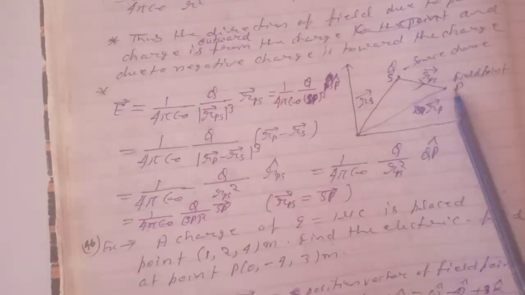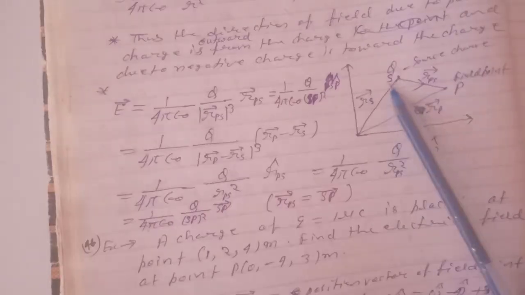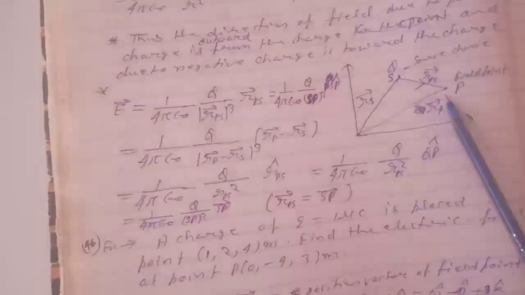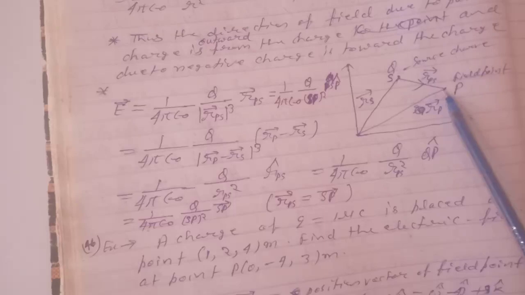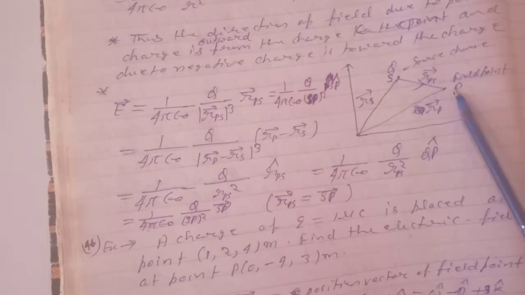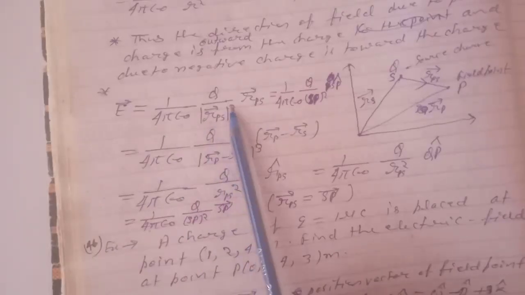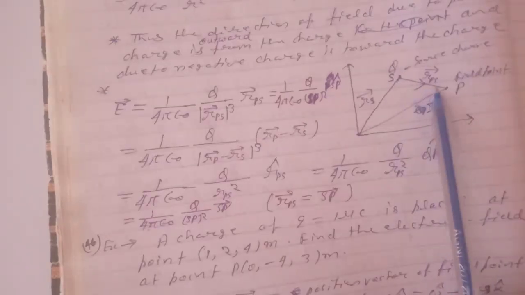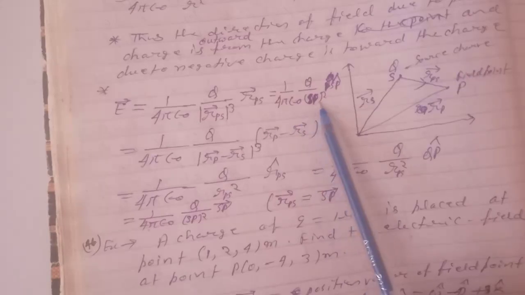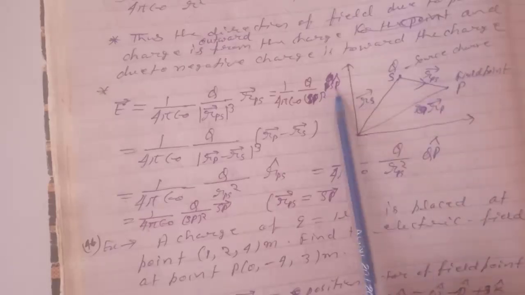This is point Q, this is point S and this is point T. This is the origin, so this vector will be r S vector, the position vector of S, and this vector will be r P vector, the position vector of P. Here we have placed the source charge Q, and we have to find the field strength at point P. So E vector will be 1 by 4 pi epsilon naught Q by mod of r PS cubed into r PS vector, that is 1 by 4 pi epsilon naught Q by SP square into SP cap, where SP cap, from S to P, represents the unit vector.